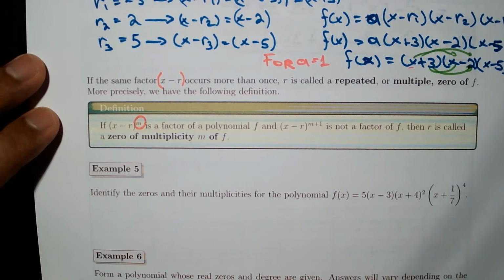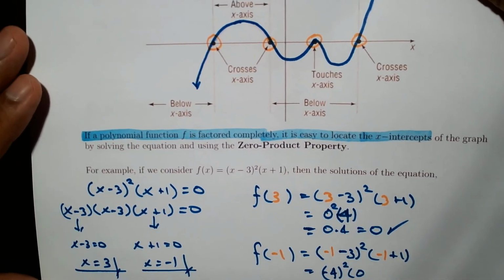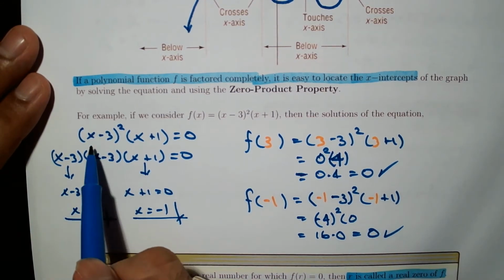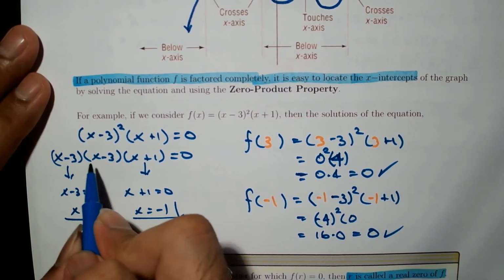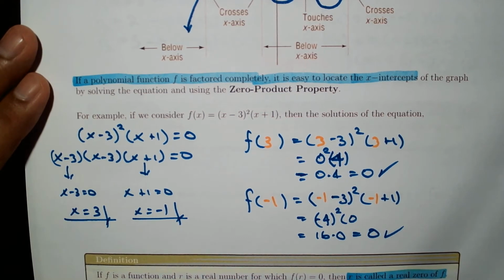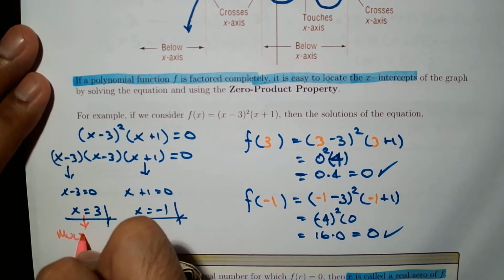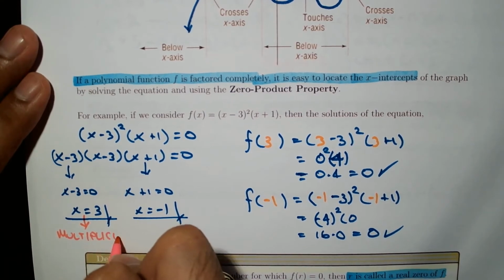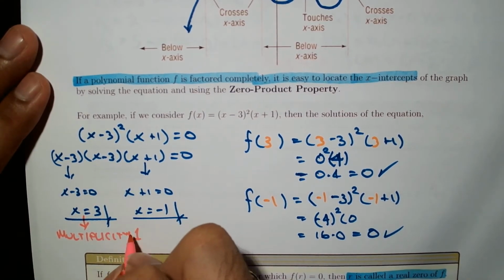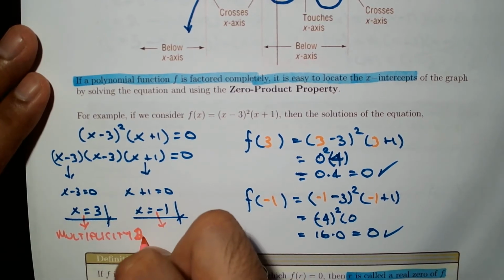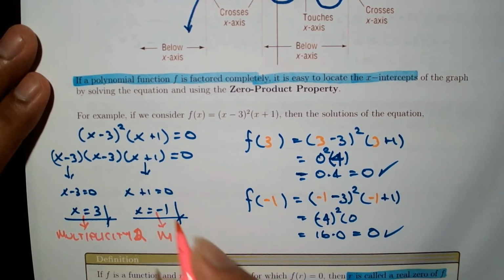In particular, going back to the example I have in the previous page, this zero x minus 3, because we have it twice, is multiplicity 2, and this one, because I only had it once, is multiplicity 1.